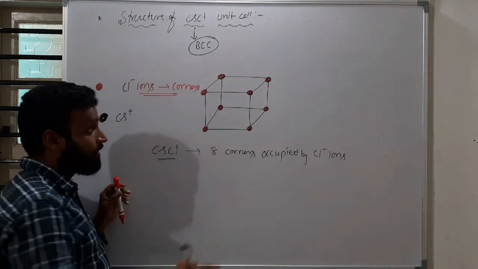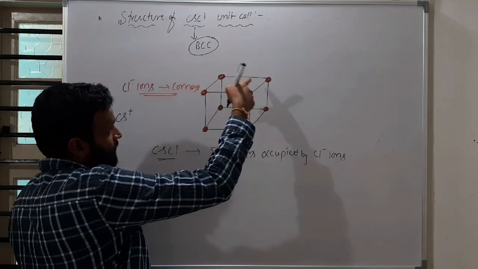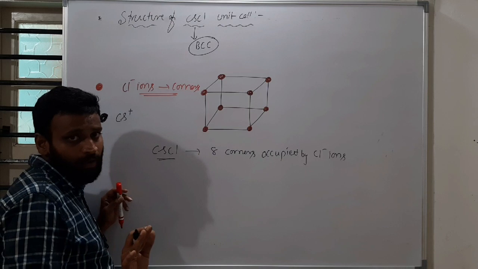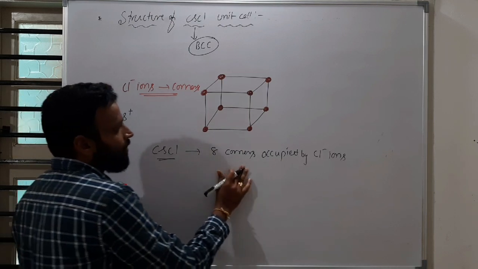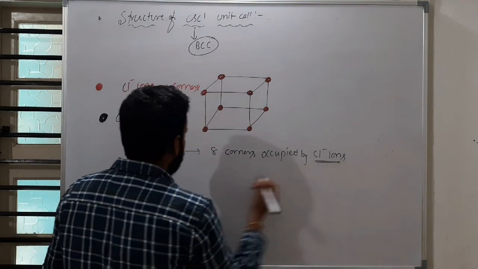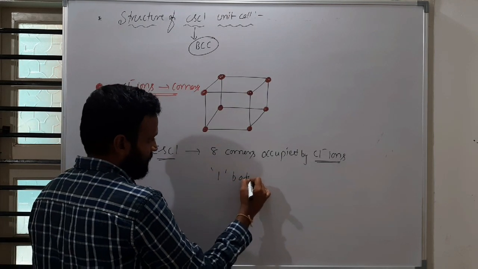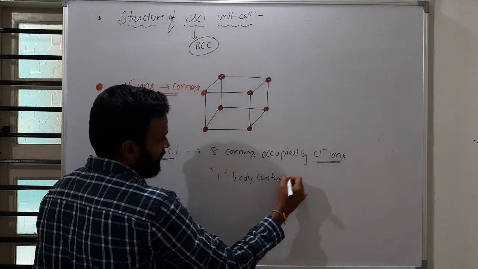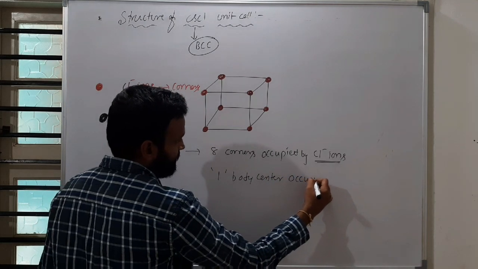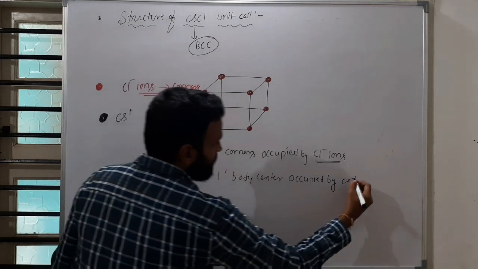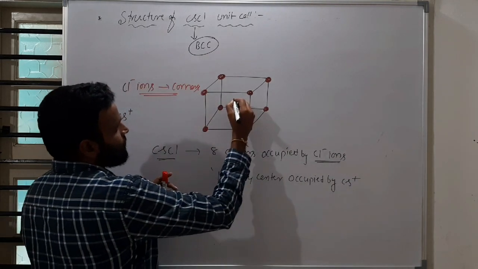Don't consider 8 Cs plus ions and 1 Cl minus. No. Okay. Here 8 corners are occupied by Cl minus ions and 1 body center. The body center is occupied by Cs plus. So Cs plus must be in the middle like this.